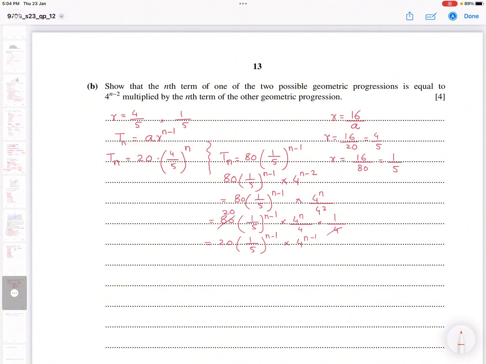So now we can write it like this, 20 times 4 over 5 whole power n minus 1, which is shown.